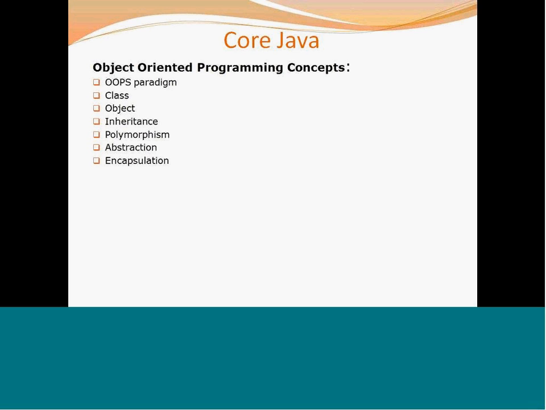Core Java is based on the object-oriented programming paradigm. I will go into the basics of object-oriented programming and its components: class, object, inheritance, polymorphism, abstraction, encapsulation. These are from a general perspective, not just Java, and what these terminologies mean in real-time scenarios.